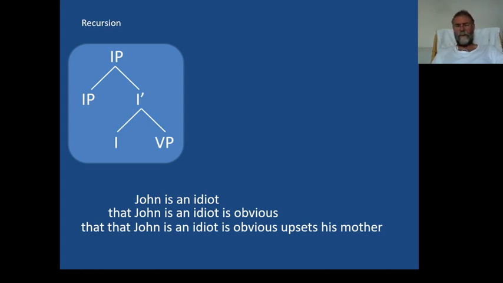Admittedly, we can't go much further than that, but it's not because of anything to do with the grammar. The grammar says you can have IPs in specifier position of IPs, in subject position. If we try to extend that any further, we're going to end up with a sentence which gets very difficult to comprehend. But that's a problem with our processing abilities, our ability to deal with long and complicated sentences.